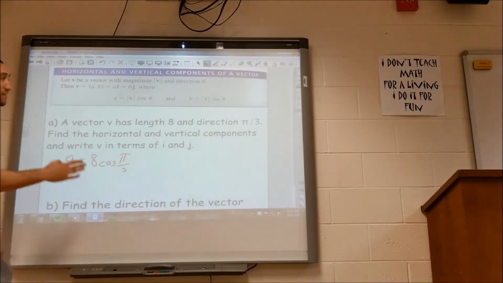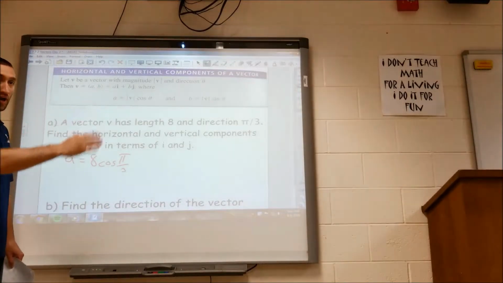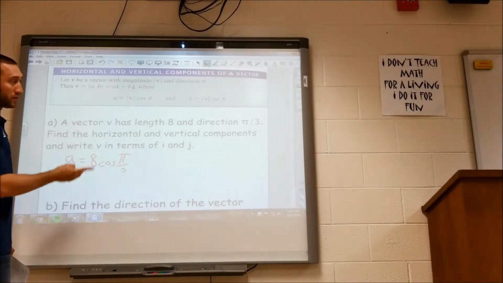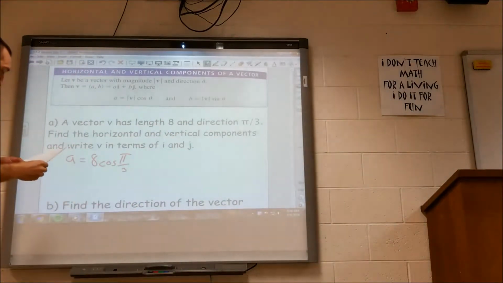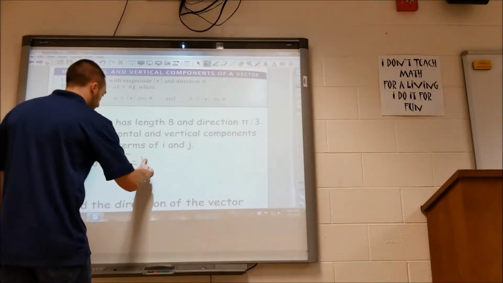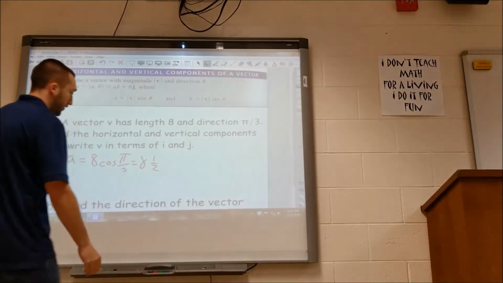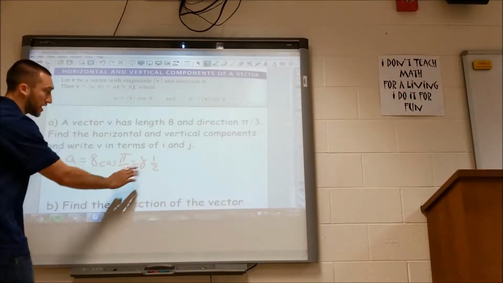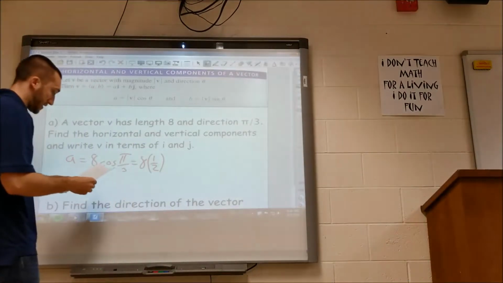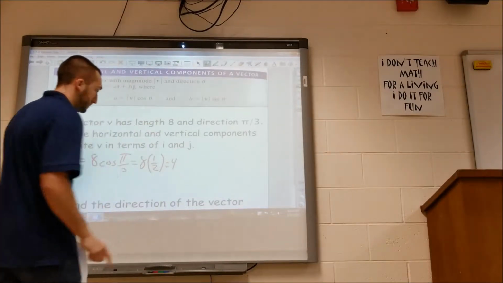Pi over 3 is, if you want to think about it, the direction, right? So my angle, so I've gone length 8 at pi over 3, okay? And that gives me 8 times 1/2. So our unit circle hasn't gone away yet. We have to remember cosine pi over 3 is 1/2. Okay, so my X component is just 4.